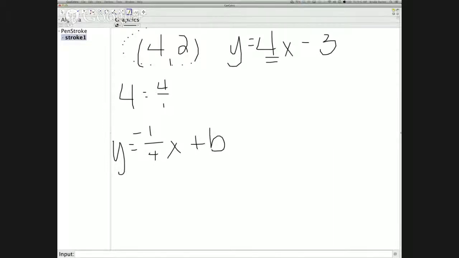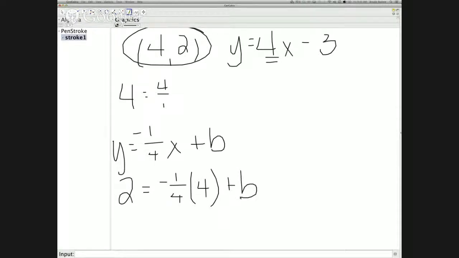Now I'm going to take my point and plug it in. 4 is an x, 2 is a y. 2 goes in for y: -1 over 4 times 4, which is an x, plus b. And so now 4 goes into 4 one time, and -1 times 1 is -1.